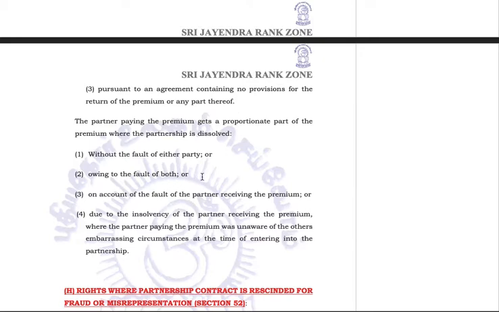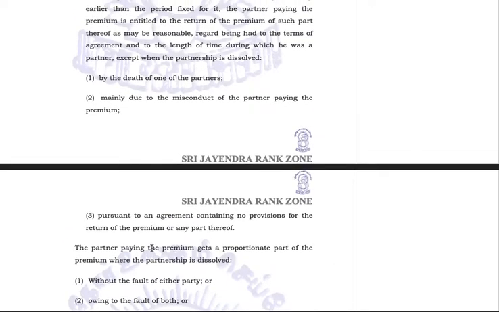Or due to the fault of both, on account of the fault of the partner receiving the premium, or on account of the fault of the other partner who has received the premium, or due to the insolvency of the partner receiving the premium. These are the issues.